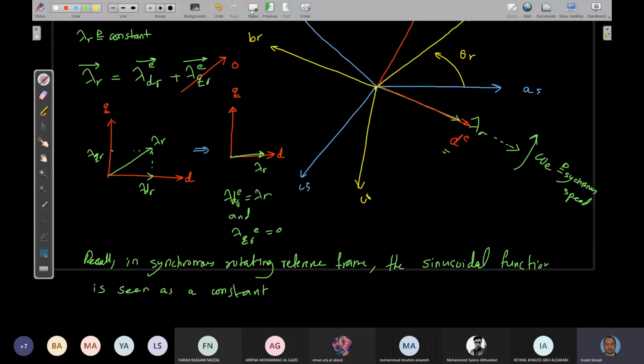And let's start writing the equation, the rotor voltage equation, in the synchronous rotating reference frame. And for that, let's start with the d-axis, the voltage equation in the d-axis. So here is the vector control equation.